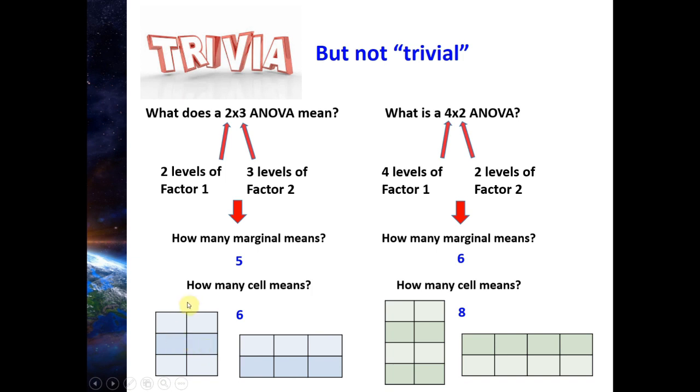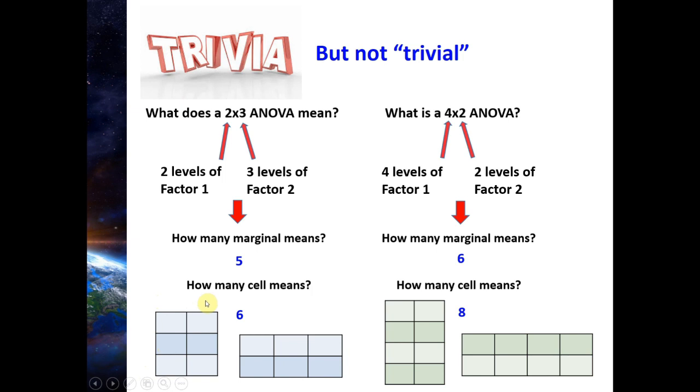All right, now, if we wanted to know how many marginal means, let's look at this one. Well, you have 2 columns, so you're going to have 2 marginal means, 1 for each column. And you have 1, 2, 3 rows, so you're going to have 1, 2, 3 marginal means over here. So to get the total, you just do 3 plus 2.